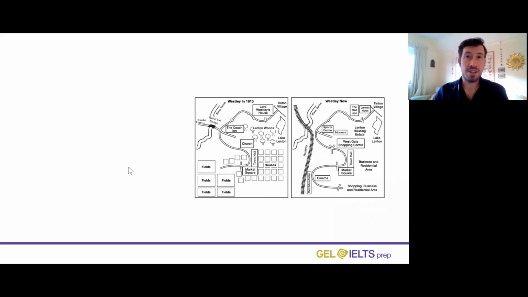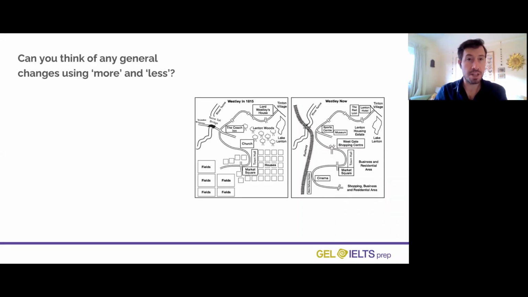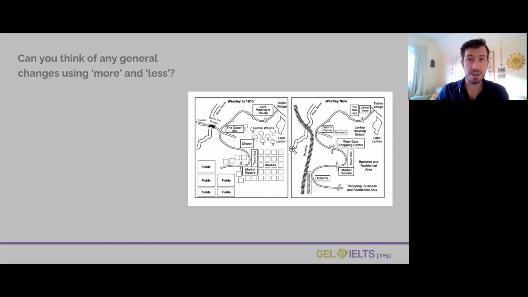So now let's look at how we can compare maps. And we're going to think of general changes that we can talk about using more or less. Well, the first thing that we need to do, like with the other things, is we need to analyze the map. So let's go in and have a look here.